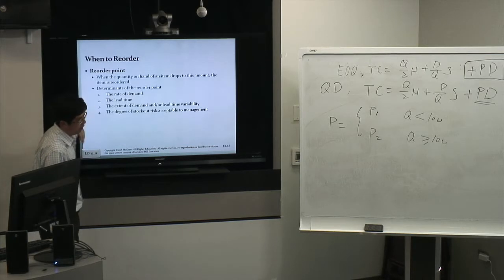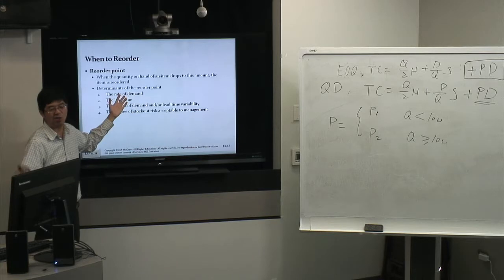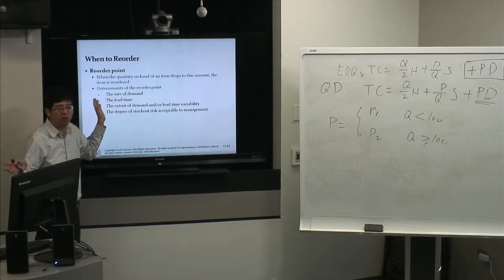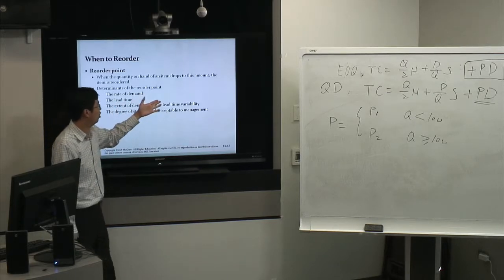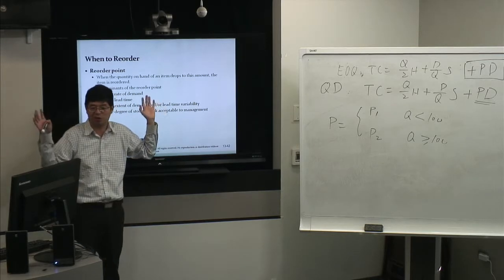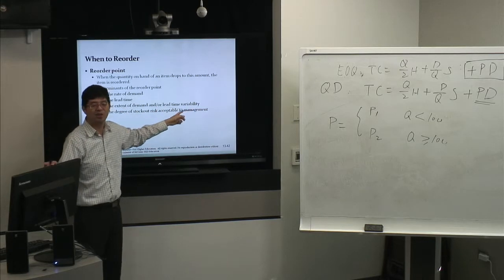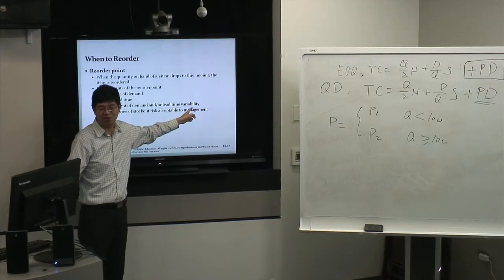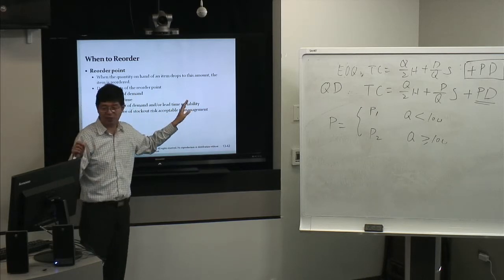There are several factors that affect our reorder point. The rate of demand: for EOQ, we know that it is constant and known. The lead time: for EOQ, we know that and it is also constant. The extent of demand or lead time variability: in the EOQ model, what is our demand variability?